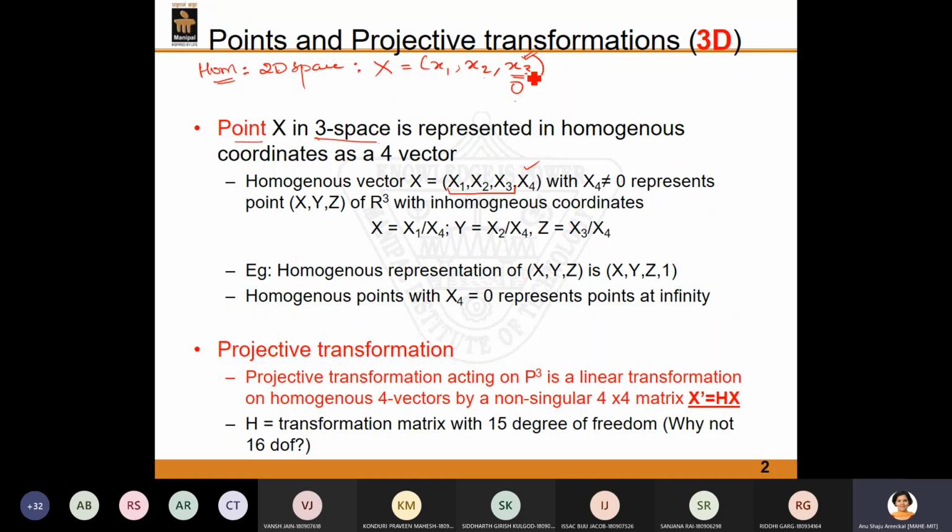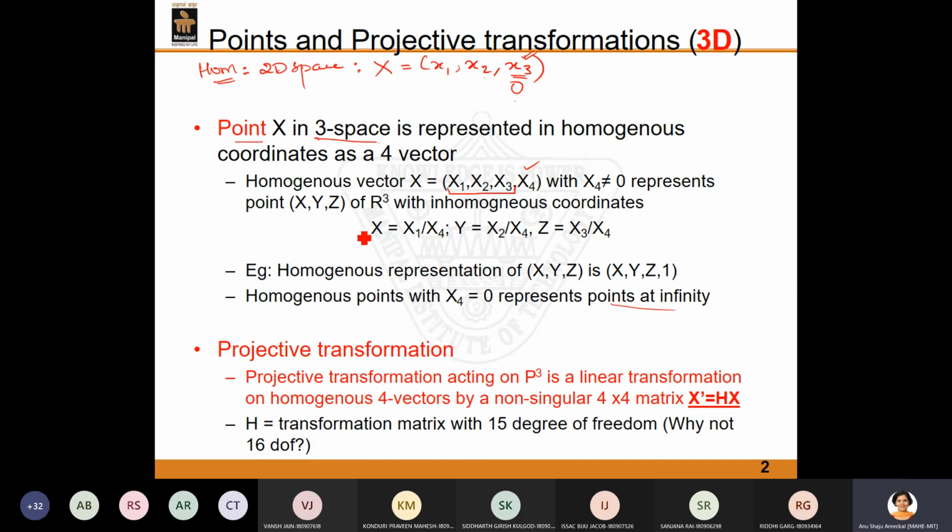Similarly, when you're taking a point in 3D space, we have 4 different coordinates, and if the fourth coordinate is 0, then it is a point at infinity. So the same principles that we have learned in 2D space also apply to 3D space. The only thing is that you'll have this extra dimension.